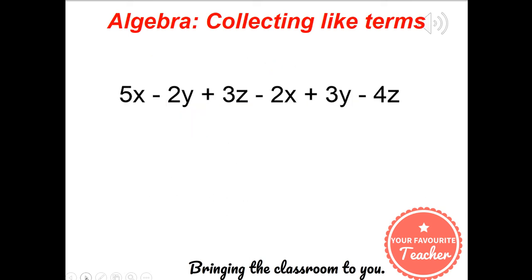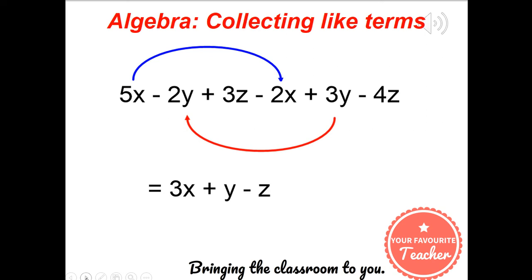Let's take a look at another example. Once again, we try to isolate the same terms. So these are 2 of the same terms. Those are 2 of the same terms. So if we combine them, we can see that we have 5 minus 2 x's is 3 x's.